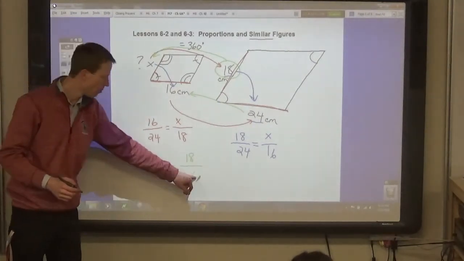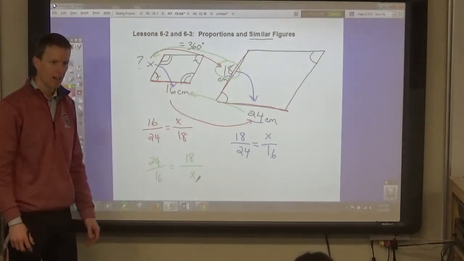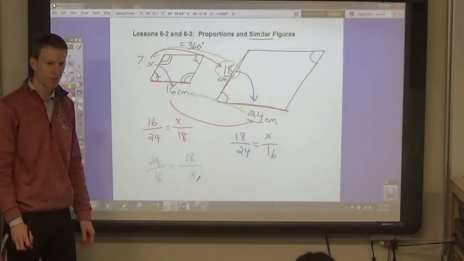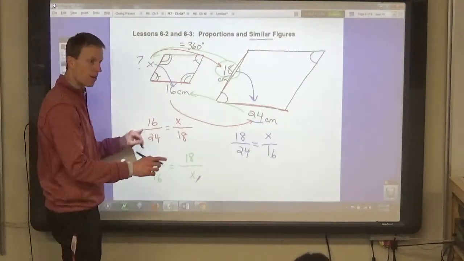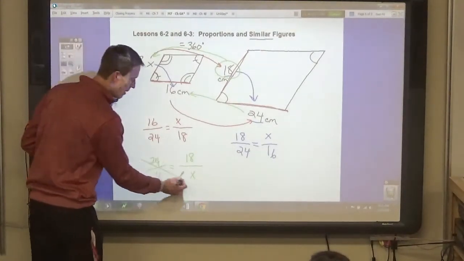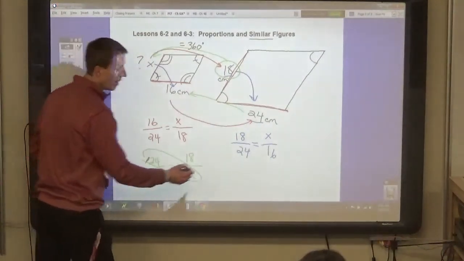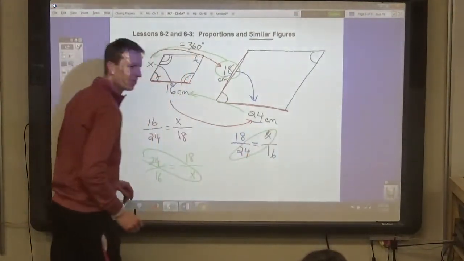You just cross multiply and divide and solve. It's the same as this one, isn't it? And it's the same as this one, isn't it?